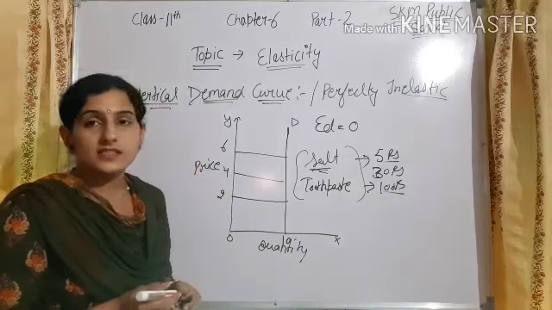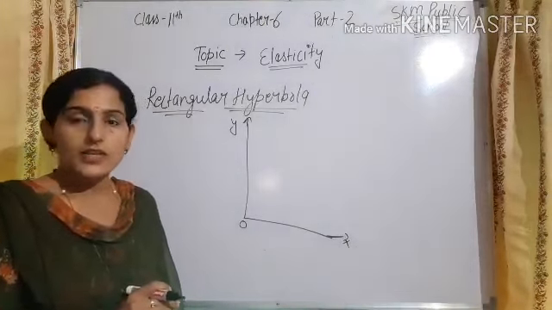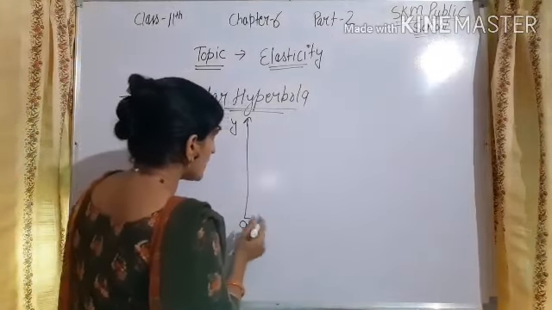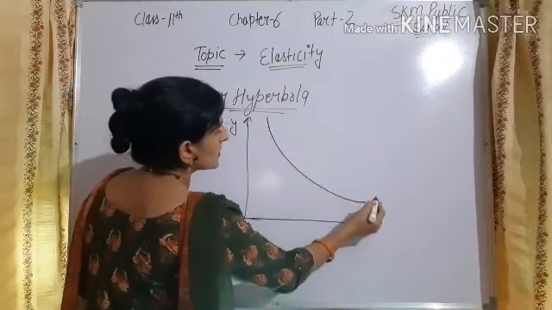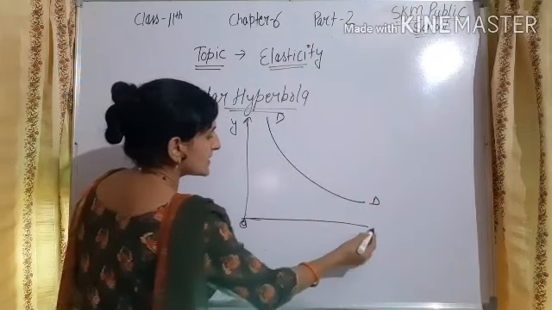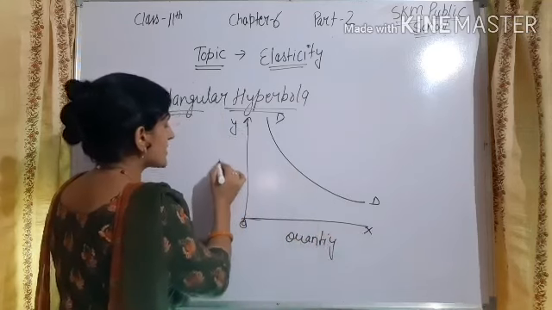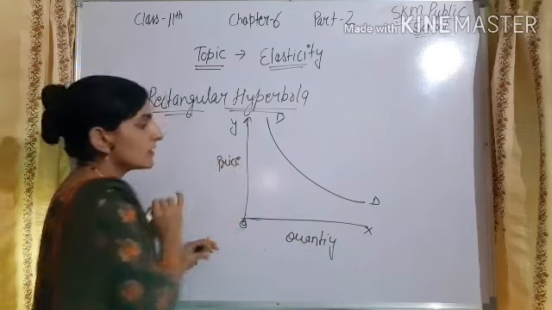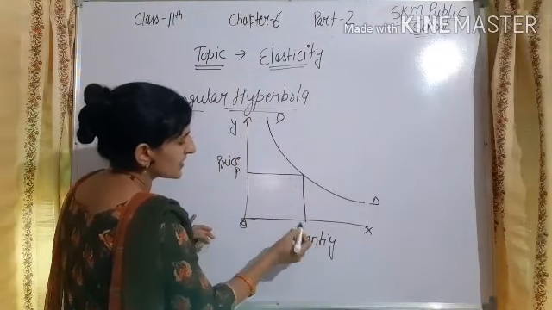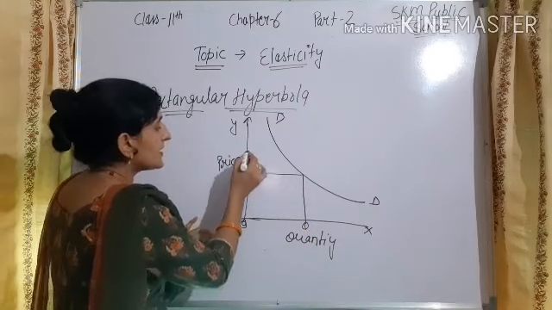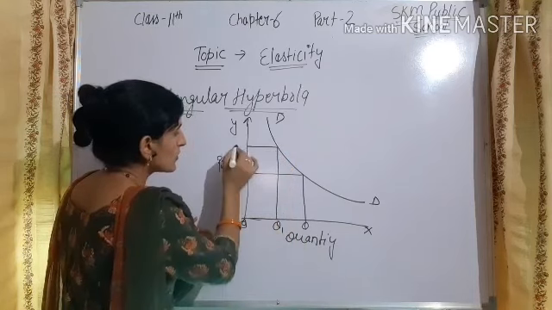The next we will discuss is the rectangular hyperbola. In this, our demand curve will be in the shape of a rectangular hyperbola, like this. On the X axis we take quantity, and on the Y axis price. When the price is P, the quantity purchased is Q. If the price increases from P to P1, the quantity purchased decreases from Q to Q1.